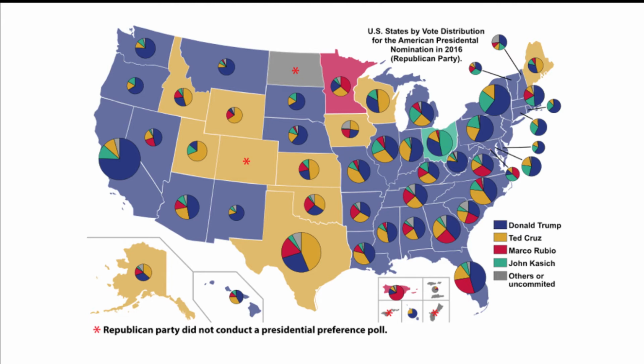And based upon the state's rules, whoever wins the most votes wins all of the state's delegates. So you could win with 30% of the vote or with 75% of the vote. As long as you have more than your competitors, i.e. first past the post, you get all 172 delegates for the nominating convention.